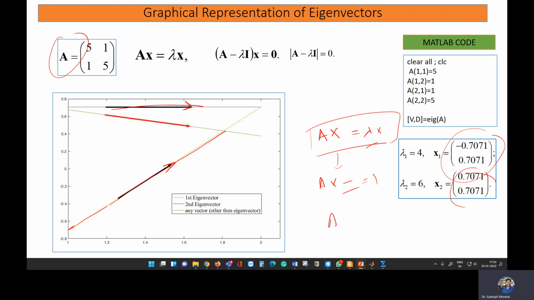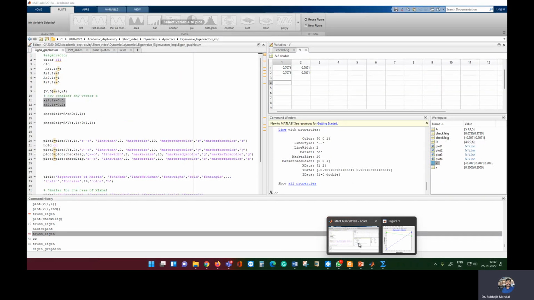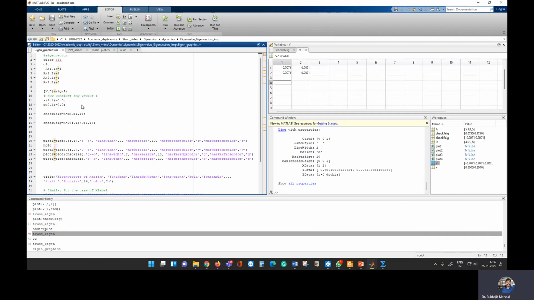Again we'll try to get a vector and see whether we are getting the same vector or not. So here we just see what we did in MATLAB. Here I took any vector, that is 0.5 and 0.2, which is basically not your eigenvector.